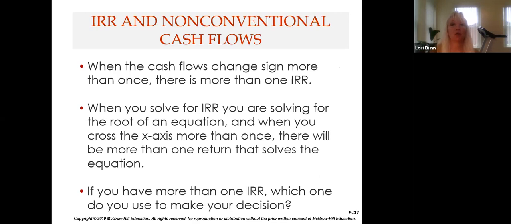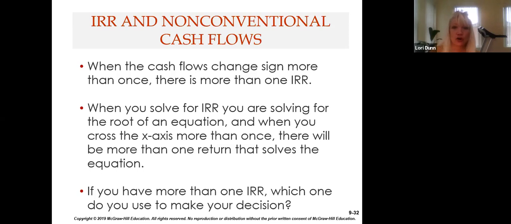Now, when you have an internal rate of return calculation and there are non-conventional cash flows, we're going to go through the example. The PowerPoint doesn't do it. We're going to do it in Excel and show you this. When the cash flows change signs more than once, there's going to be more than one internal rate of return.